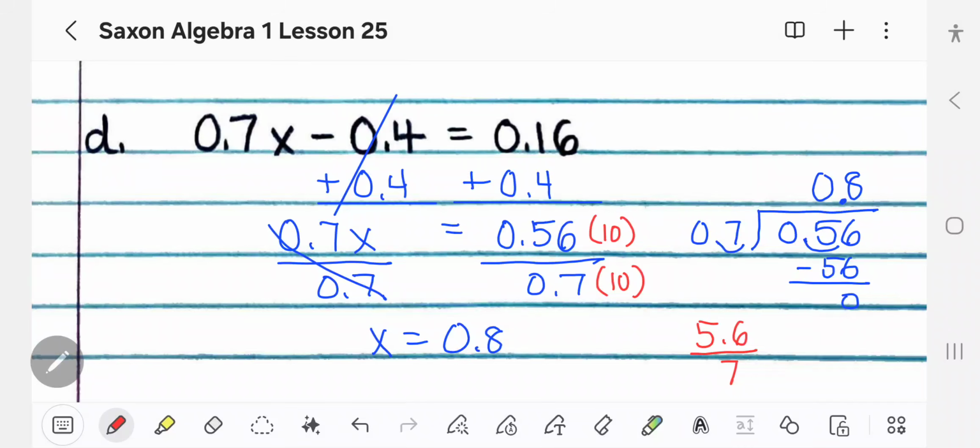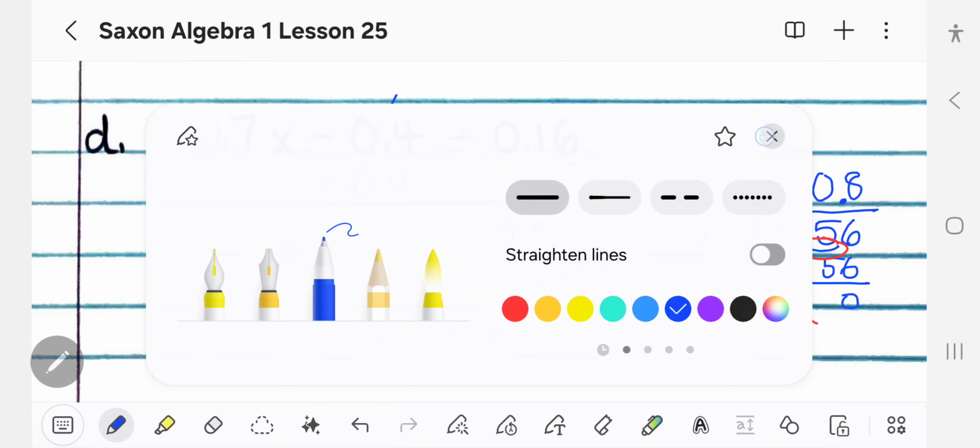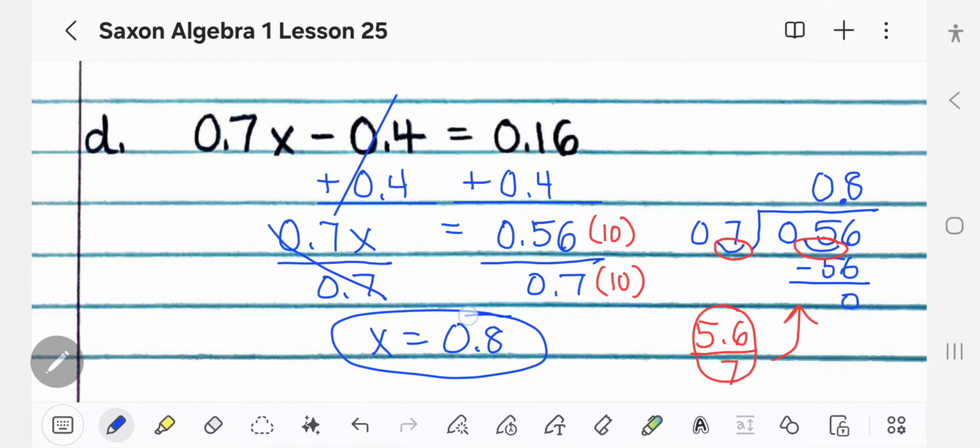And then you may have been able to see the answer a little bit better. It's the same thing as doing this, because here's where we multiplied by 10, right? And then you could do your division, or you may notice, hey, that's got to be 0.8 because of your multiplication facts. But either way you choose to do it, that'll be fine. But your answer is 8/10.